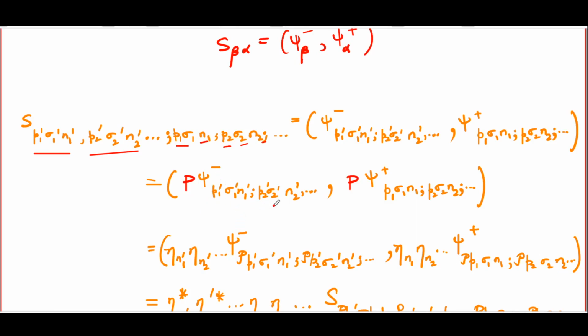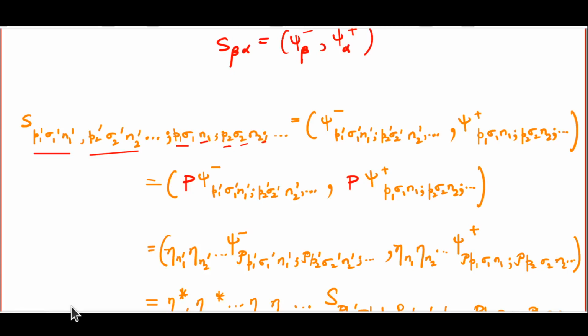That of course is nothing but the first factor in the inner product. What happens to the second factor? Essentially, it's something very similar. Psi plus P1 sigma 1 N1, P2 sigma 2 N2, etc. acted upon by capital P gives you psi plus curly P P1 sigma 1 N1, curly P P2 sigma 2 N2 and so on. And once again, the whole thing gets multiplied by a bunch of intrinsic parities.